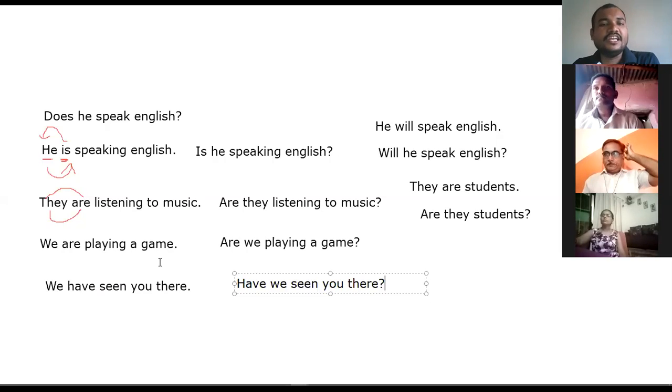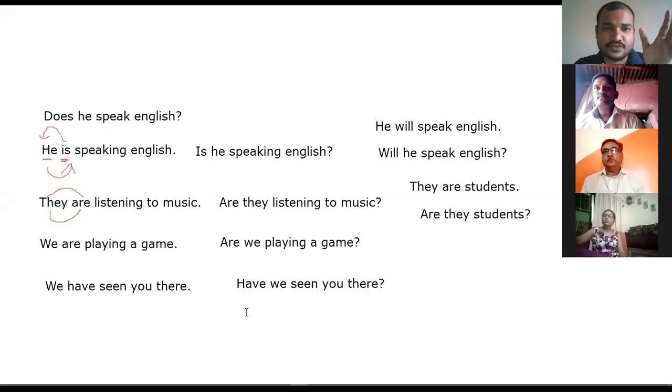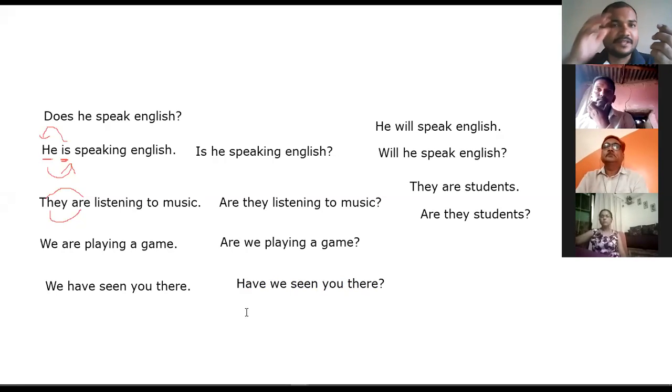But if it is open-ended questions, then there will be a lot of space to speak. For example, are you listening to me? Yes or no. But what are you listening to? Then you can say, I'm listening to English class. I'm listening to melody songs. I'm listening to lectures. Or I'm listening to great Guruji's words.